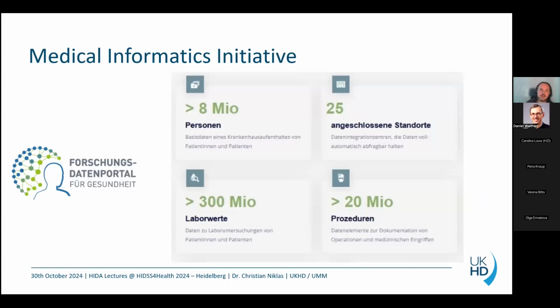So they are now providing a central service for public researchers in Germany to access this routine data that is collected across all university hospital sites, and you can then perform studies on the core data set as far as it is developed. So there's fairly a considerable amount of data in there, and you can envision that this will only continue to grow. So this is something to keep in mind as well.